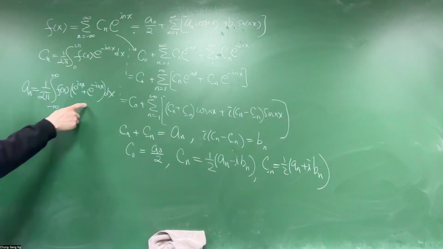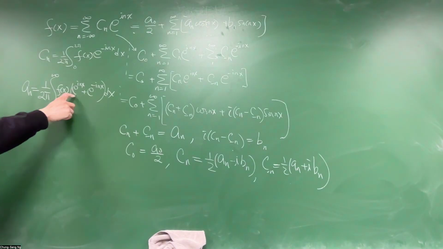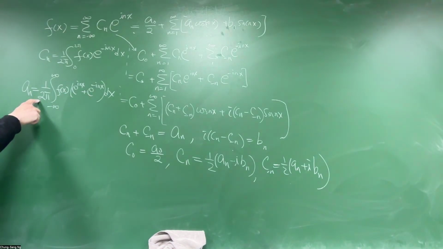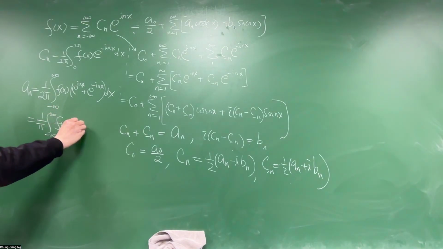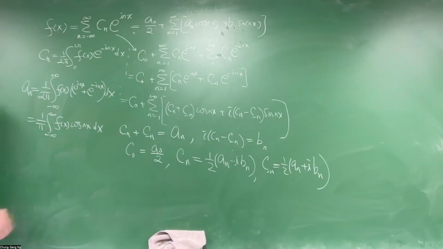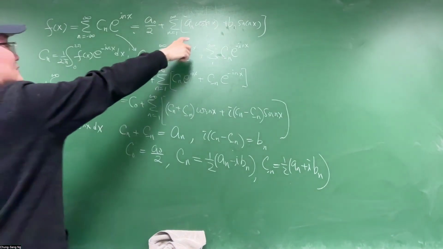Right. And now you identify this divided by 2 as your cosine. So that's the formula for the cosine coefficient.